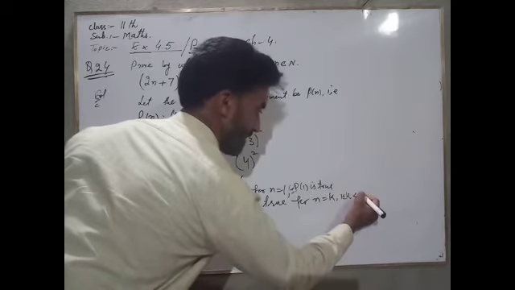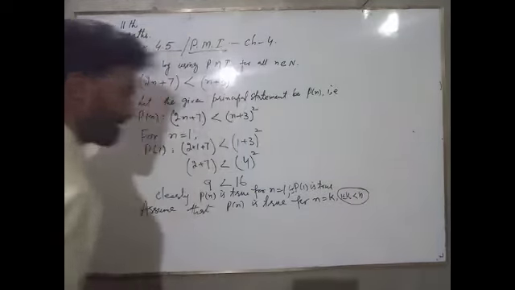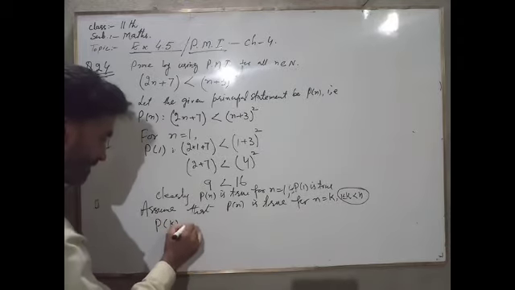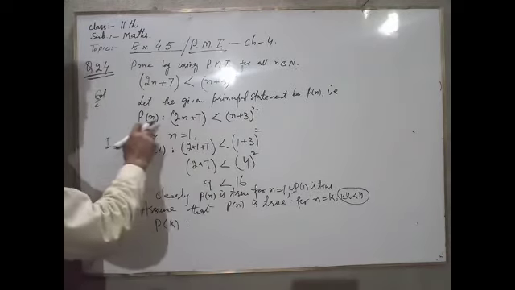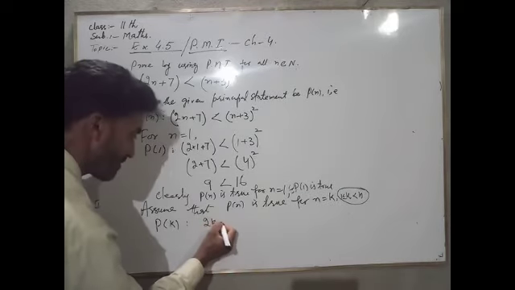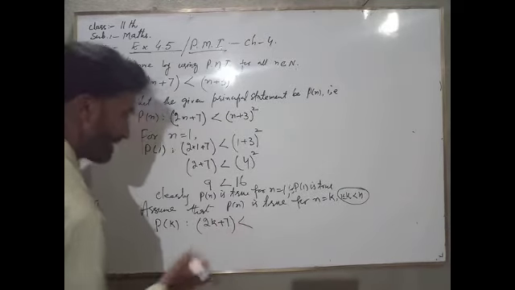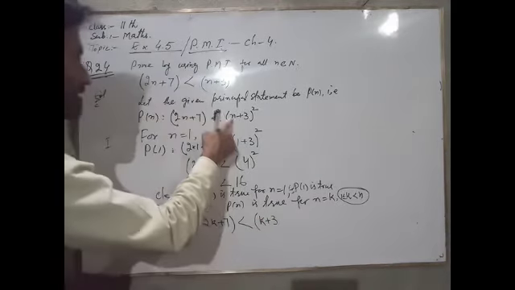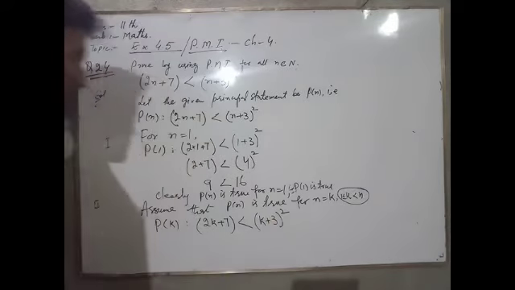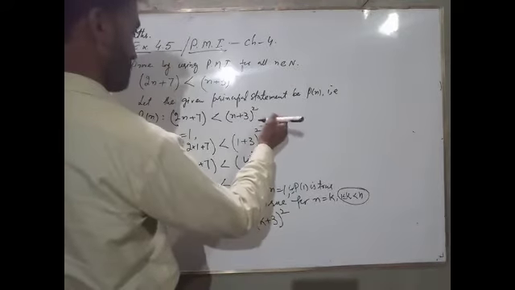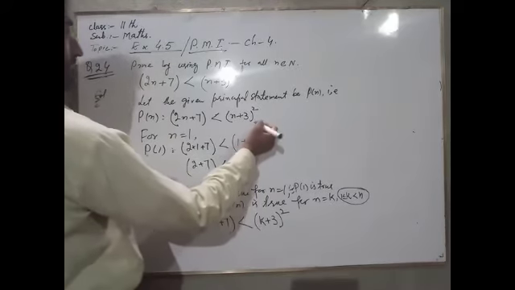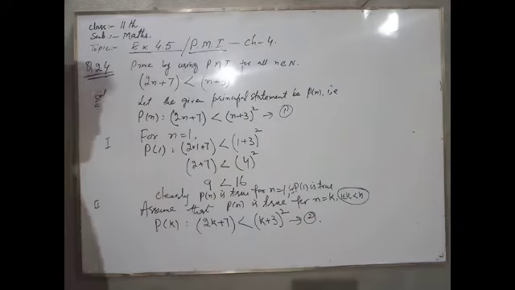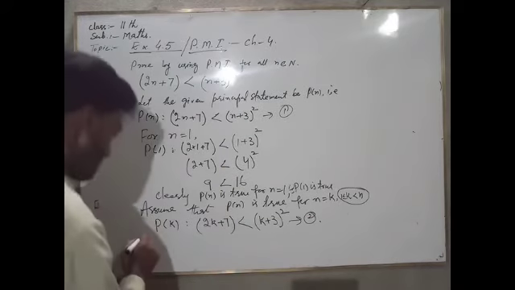Now Pk, the principal statement, is that 2k plus 7 will be less than (k plus 3) square. We call this equation 1, and we shall prove this.